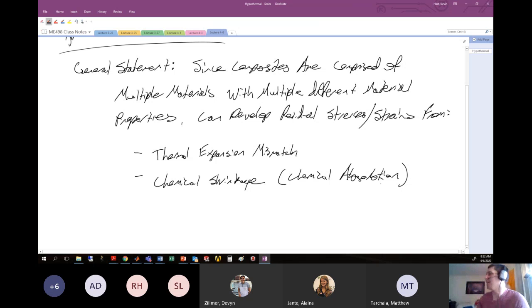So an analogy I might make here is if I had a very dry t-shirt, it would have a certain size to it. And then if that t-shirt absorbed moisture, it would expand in size. Okay, so that's a moisture absorption or a chemical absorption. You can have stresses that occur from non-uniform temperature distribution during the cure.